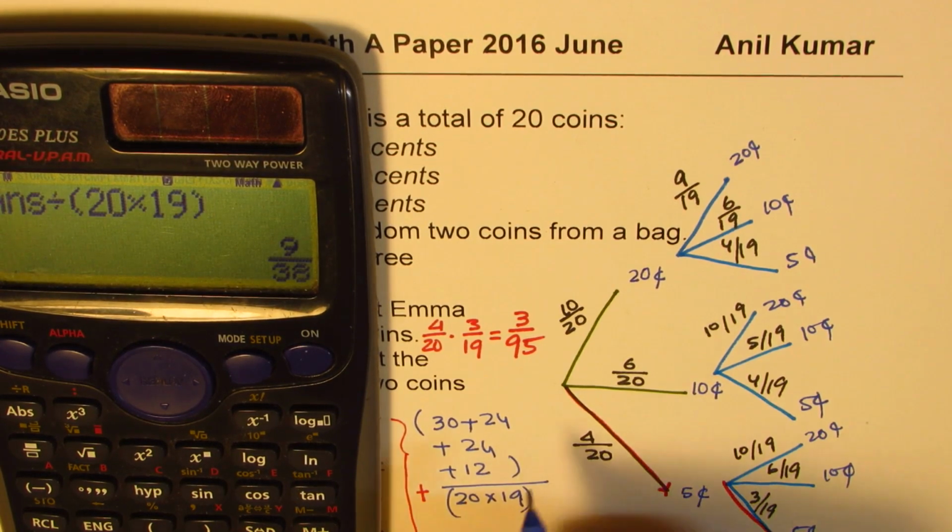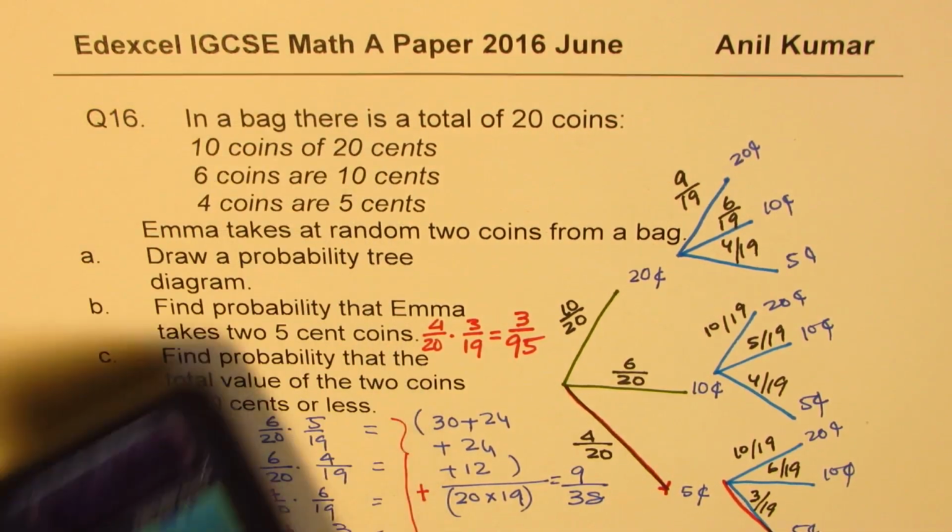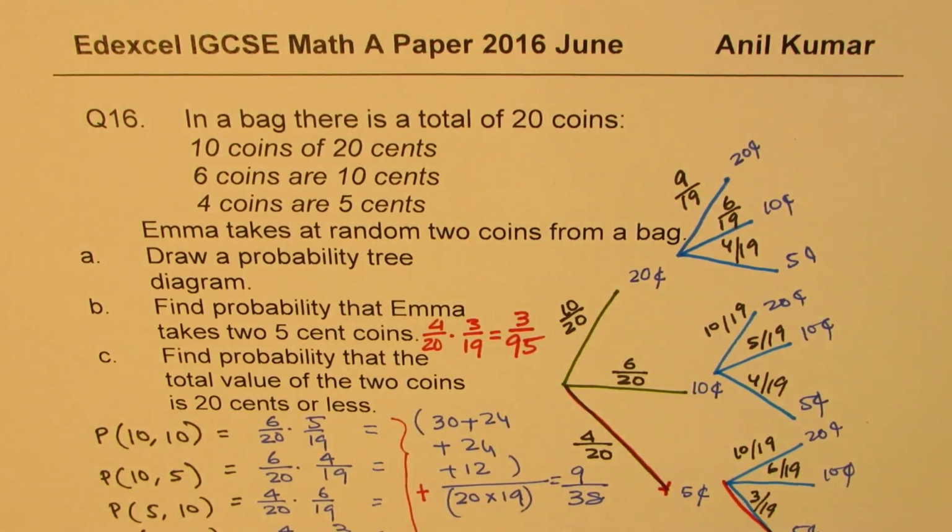So we get 9 over 38. That becomes the answer: 9 over 38 as the probability for getting 20 or less cents in 2 draws.